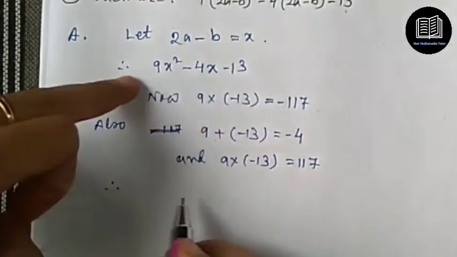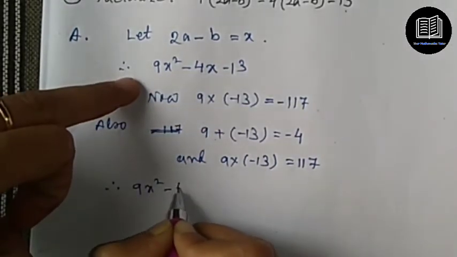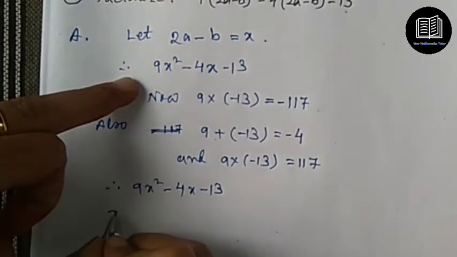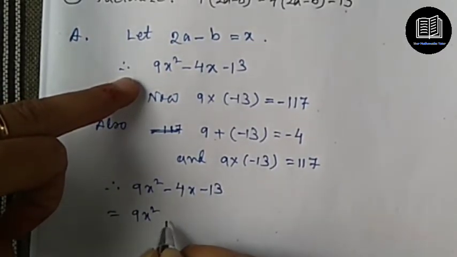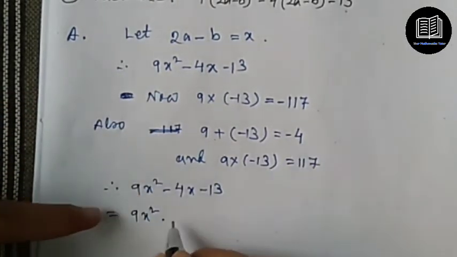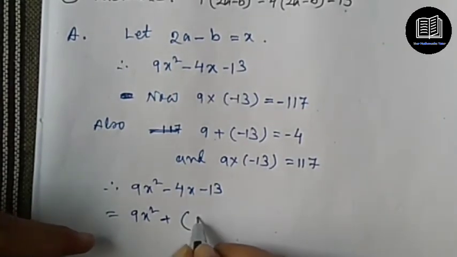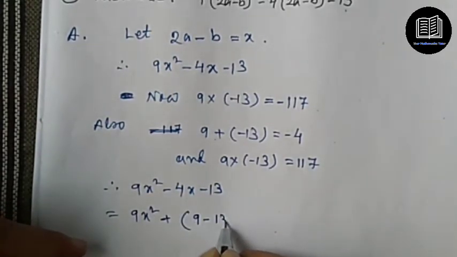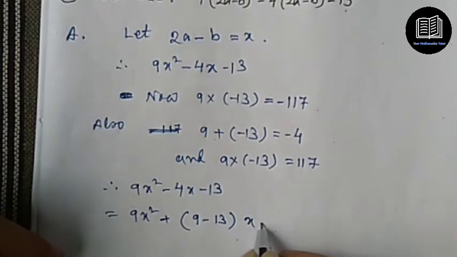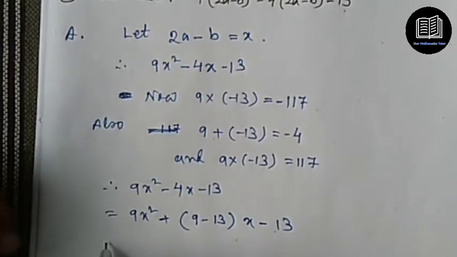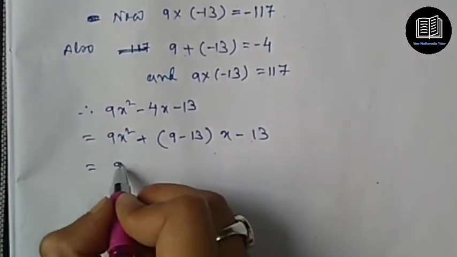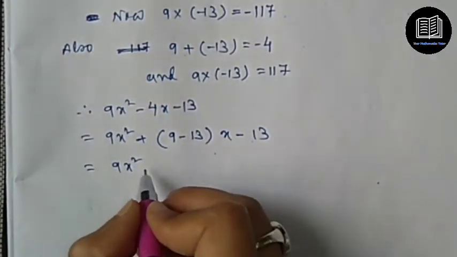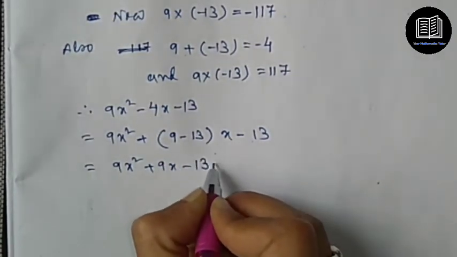Therefore this polynomial is written as 9x square. In the place of minus 4 we will write 9 minus 13. So 9x square plus 9x minus 13x minus 13.